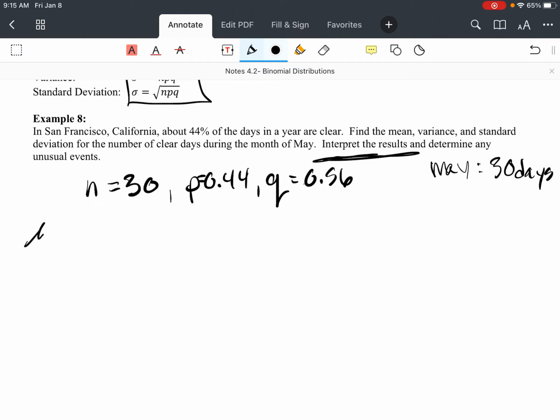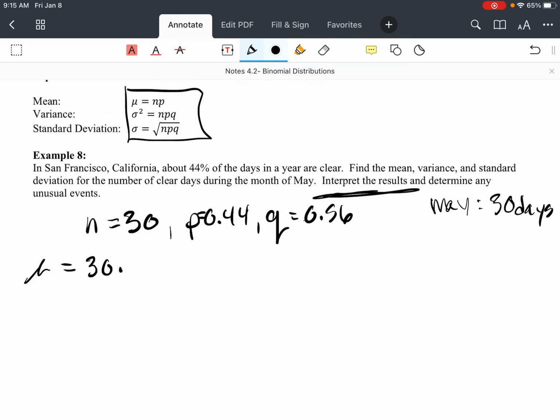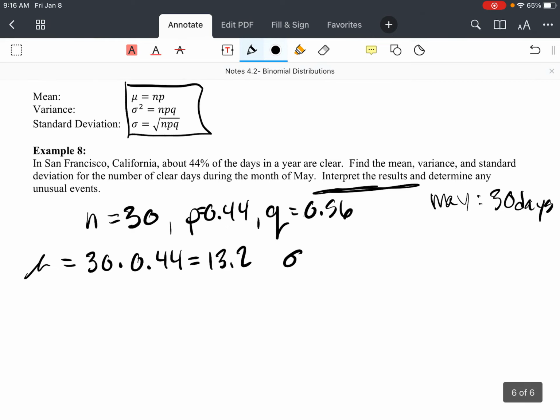All right. So in order to find the mean, variance, and standard deviation, I'm going to start with n, so 30, and multiply that by p, the probability of success, so 0.44, and that gives us 13.2. So the average number of clear days in the month of May is going to be around 13 days.